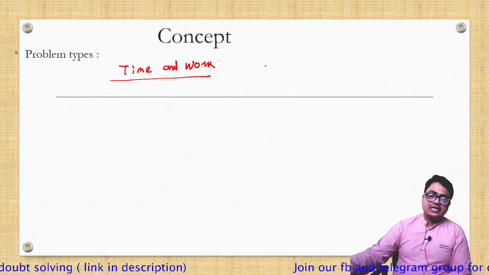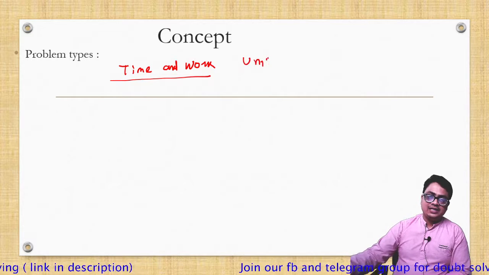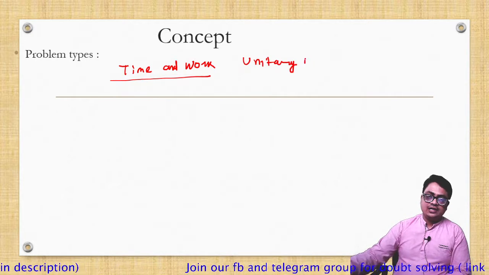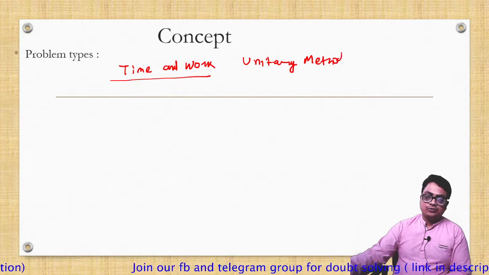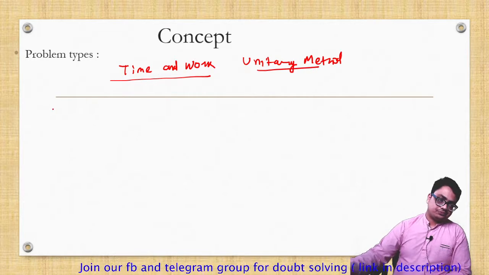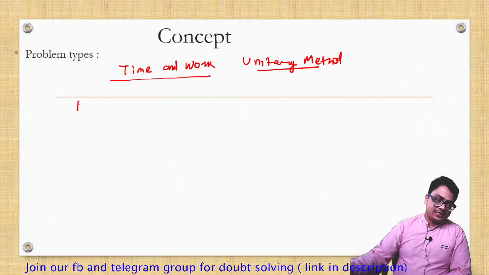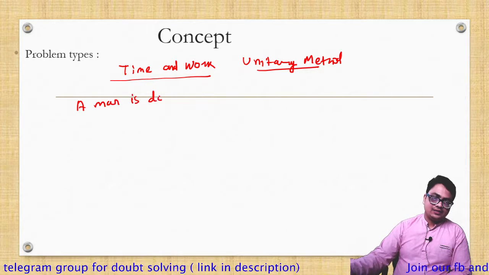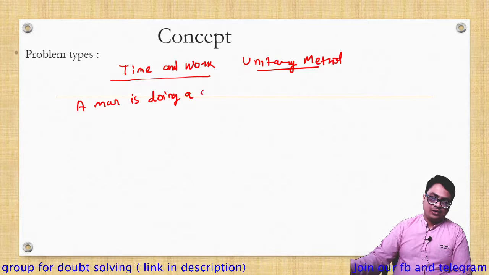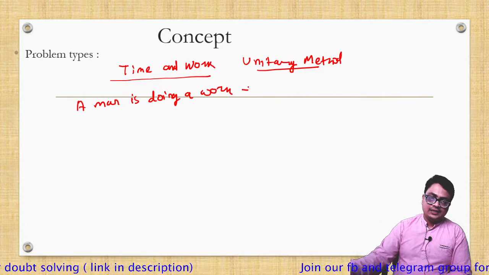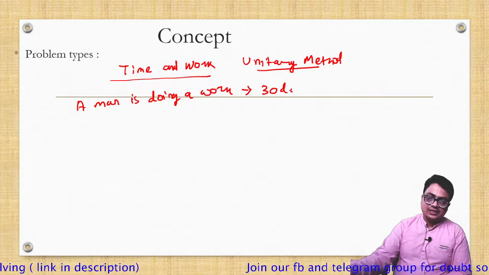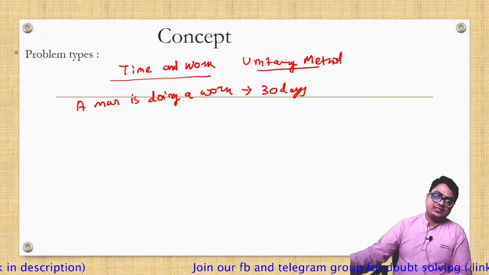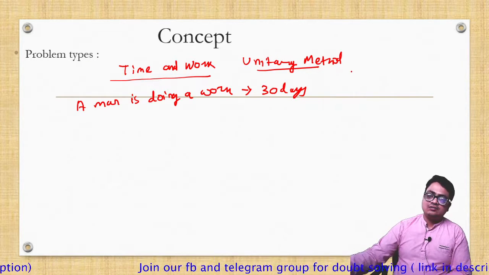So the first method for this topic is nothing but the unitary method. Let us say a man is doing a work in 30 days. In 30 days means he is completing the work in 30 days.